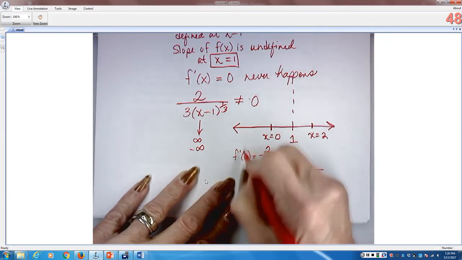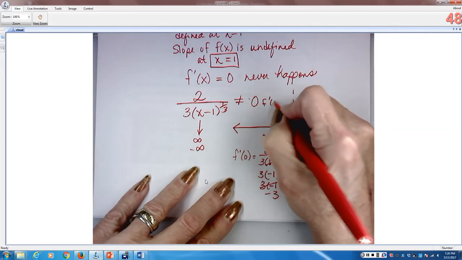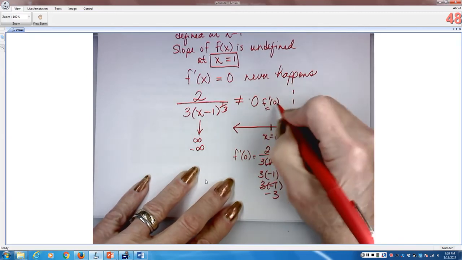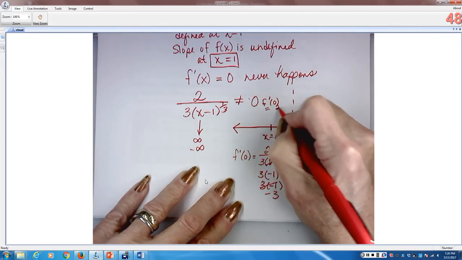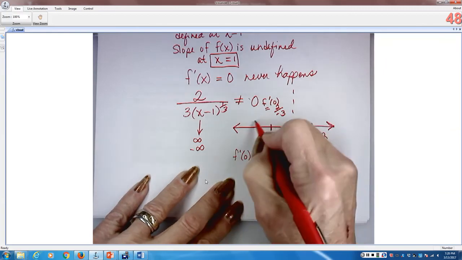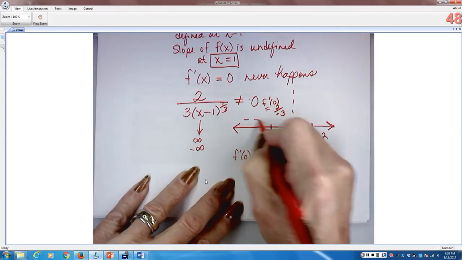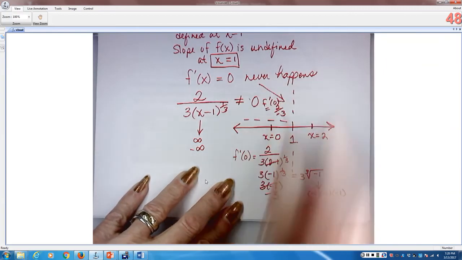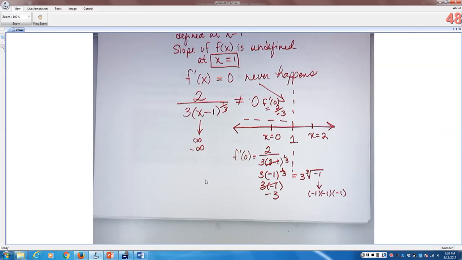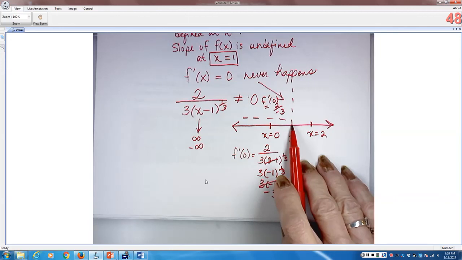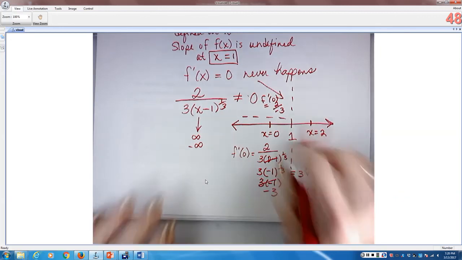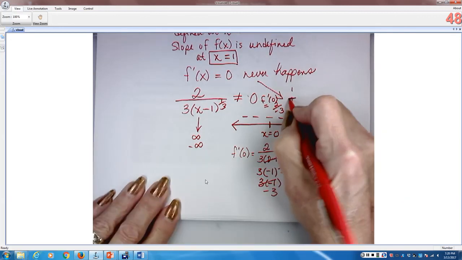So f prime of 0 is 2 over negative 3. And it's definitely negative. So the function's going to go downhill. Okay? Until it reaches 0. Or excuse me, until it reaches 1. Then it's going to be flat.